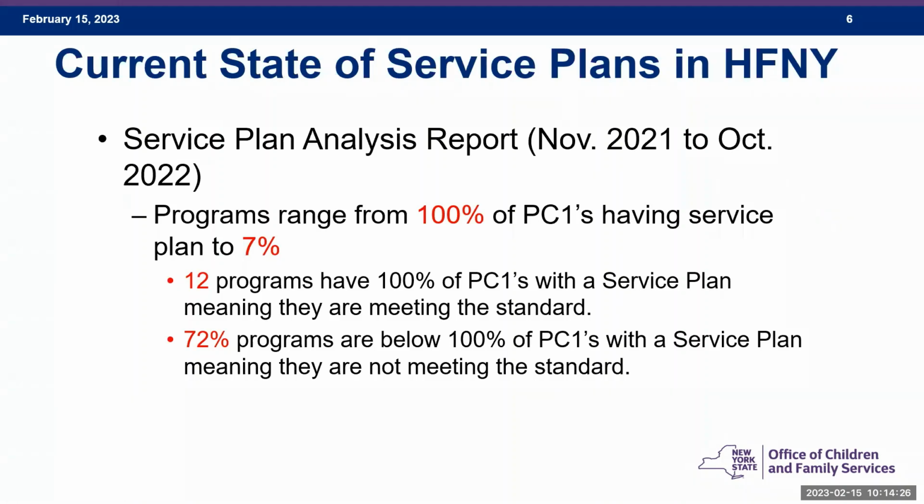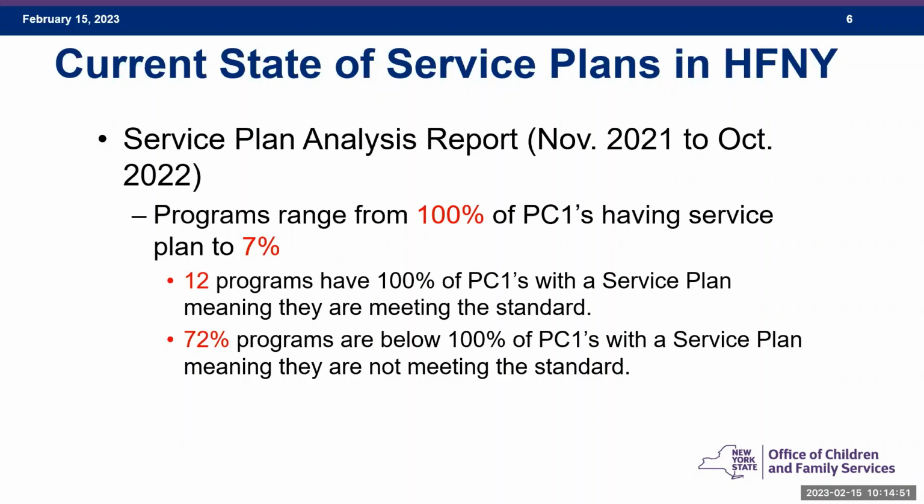So just to give you a sense of the current state of service plans right now in Healthy Families, we pulled data from the service plan analysis report from November 2021 to October 2022. And we do have a wide range. Programs range from 100% of PC1s having service plans to 7% of PC1s having service plans.